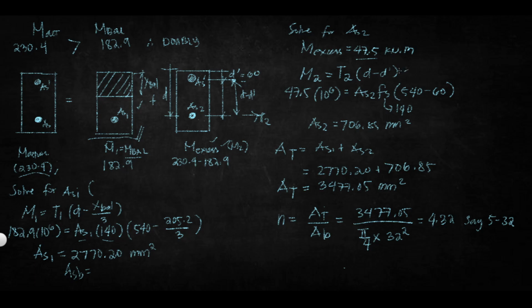Okay, and then let's put our values here. Let's substitute our values here. So, we'll have M2, which is 47.5 times 10 raised to 6 is equal to AS2 Fs. So, yung Fs po natin dito, kasi tension steel pa rin ito, is 140. So, we assume po natin na maabot nung tension steel ang allowable po natin. Okay?